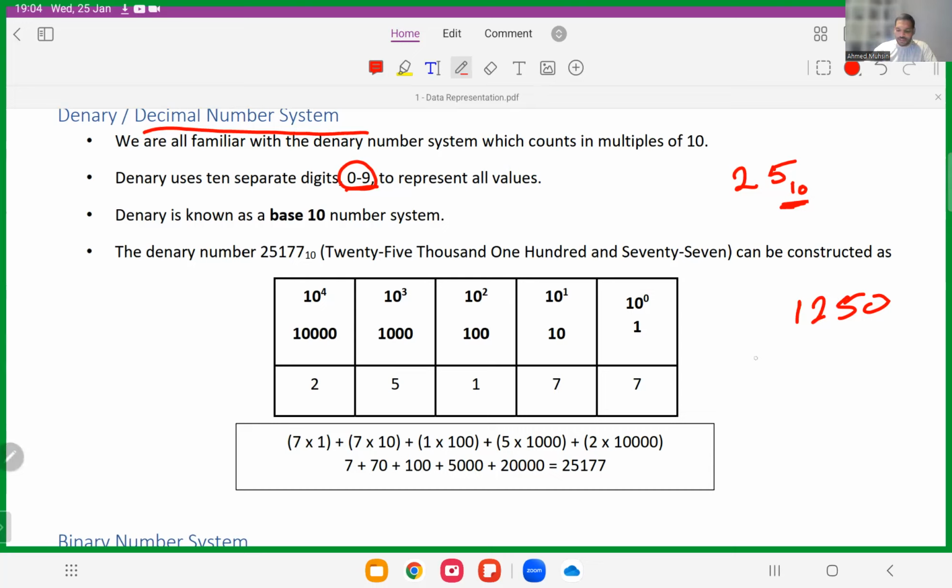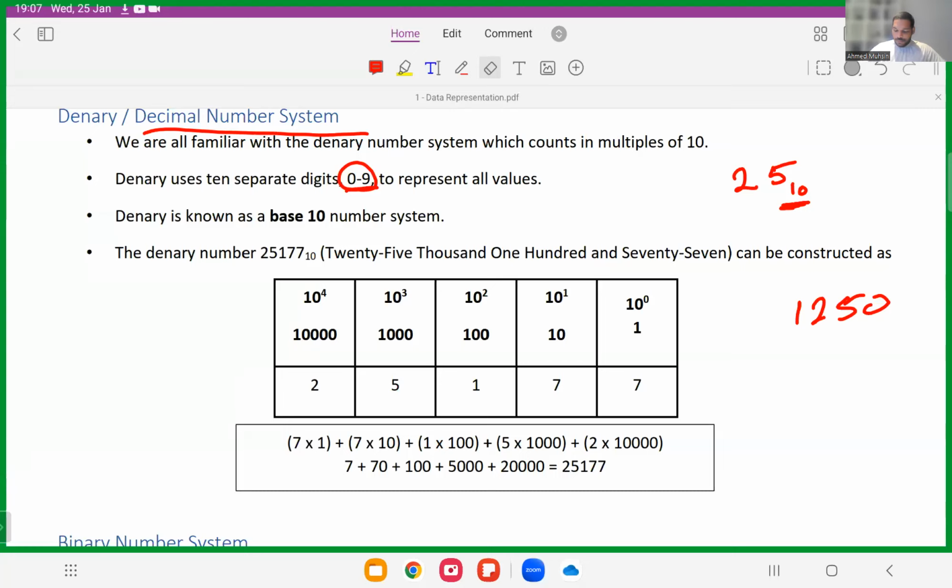Or for example, if I was to give a number like 255,650, you would immediately be able to read it.